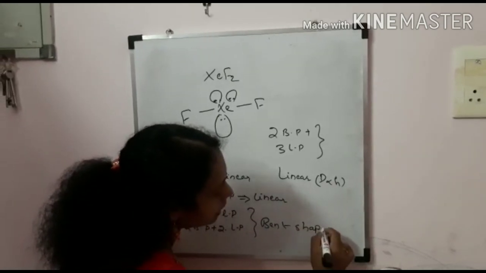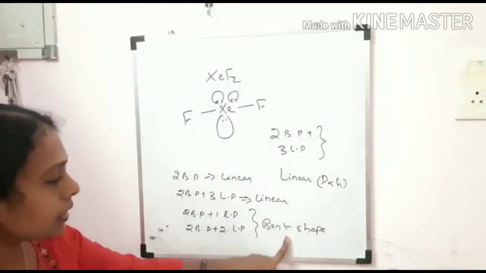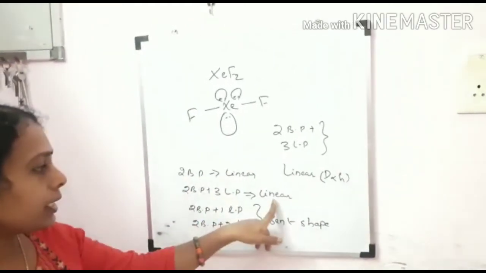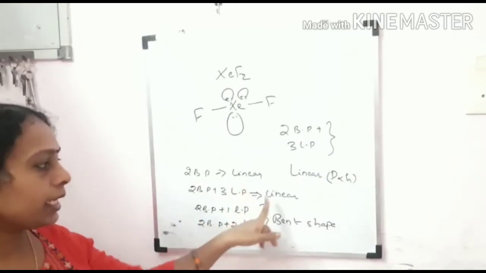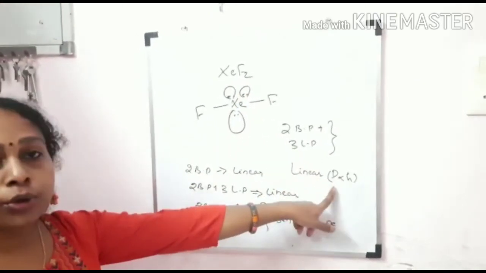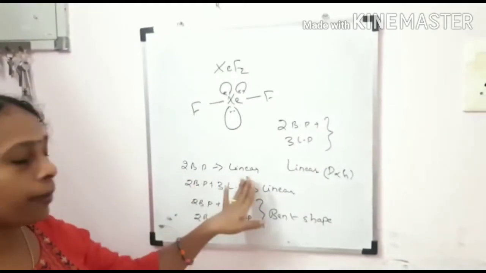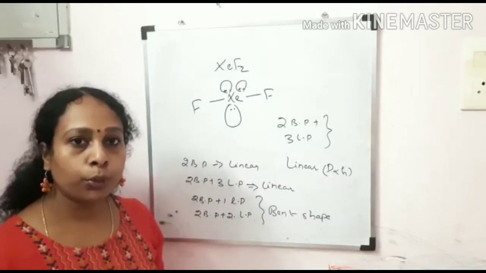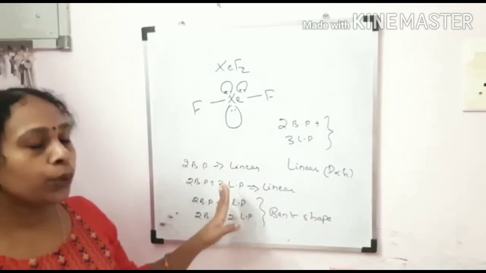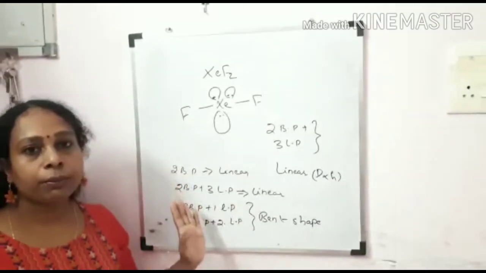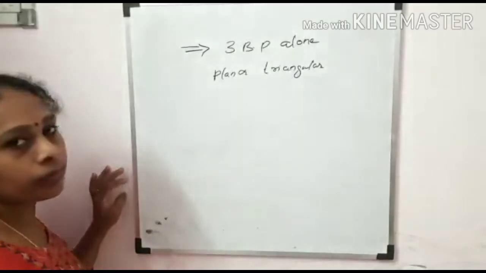And we have seen many examples of this case, most of the molecules belonging to the C2V point group. And this is a linear molecule, 2 bond pairs plus 3 lone pairs. The example I have written is XeF2, belonging to the point group D infinity H. 2 bond pairs alone present is linear, and you have to differentiate between homonuclear and heteronuclear. Homonuclear belongs to the D infinity H point group, and heteronuclear will be the C infinity V point group.